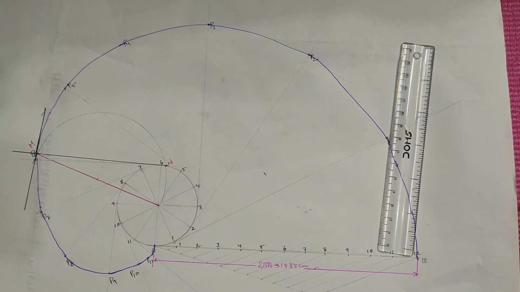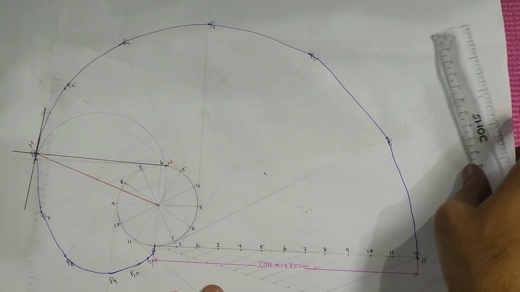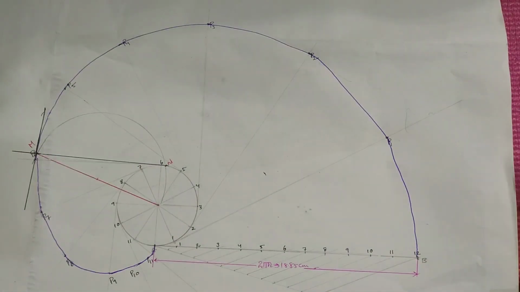So this is the tangent. This is how we are going to draw the normal and tangent to this particular involute.